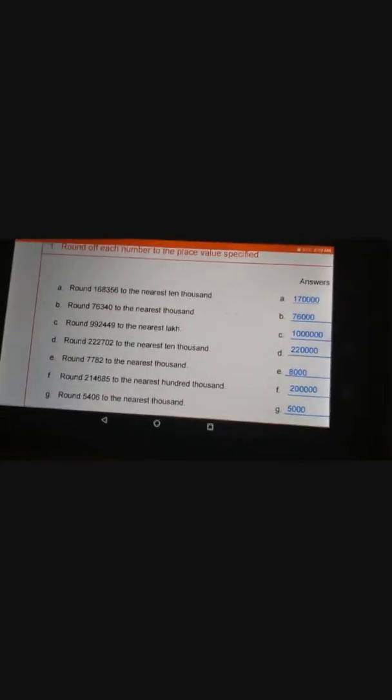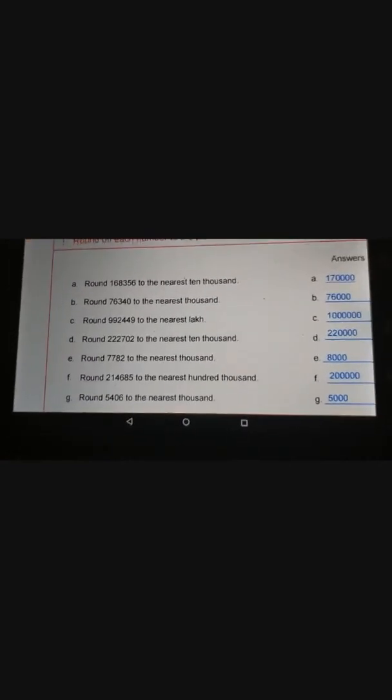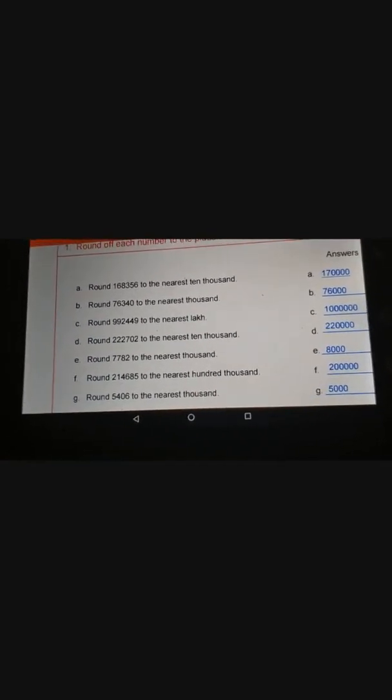Now students, I'll give you 2 minutes. You have to write this in your maths notebook.